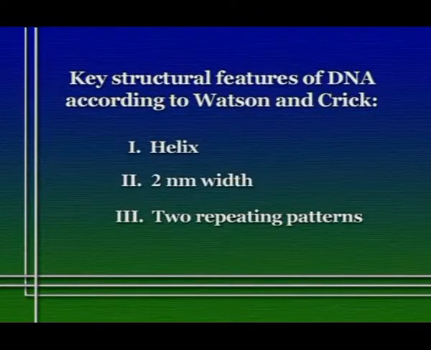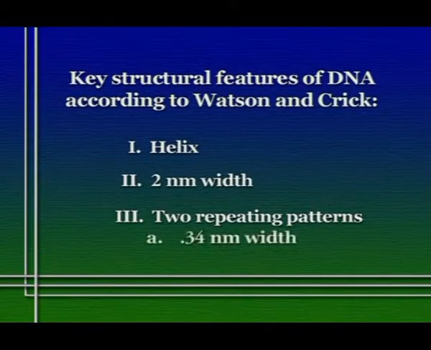And that gave them the idea that there had to be more than one helix, a double helix perhaps. Another thing they learned was the regular spacing of the repeated patterning along the length of the molecule. Specifically, they saw a repeated pattern at about 0.34 nanometers, really tiny, which corresponded to the size of about one nucleotide.